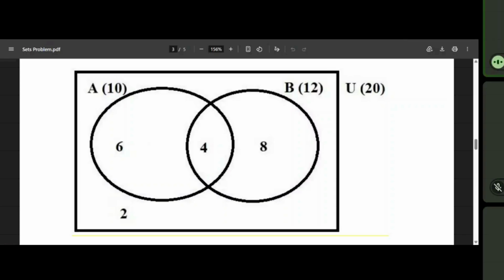The only is bringing the difference. Only means strictly A, they don't belong anywhere. So we are not going to include the 4.